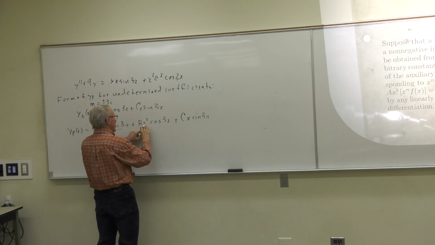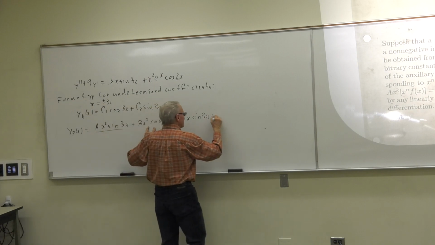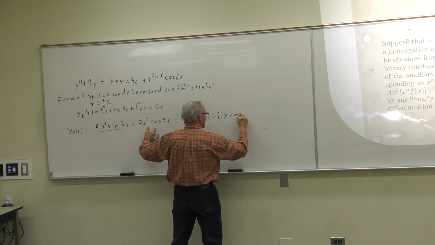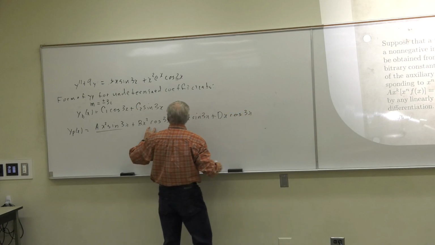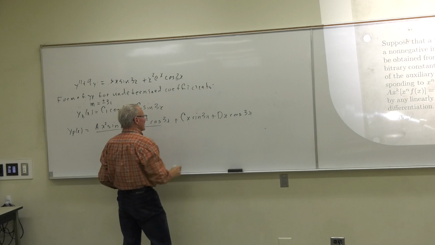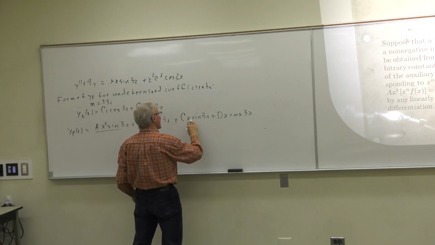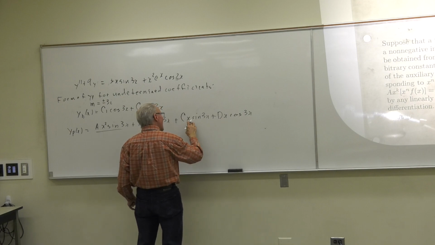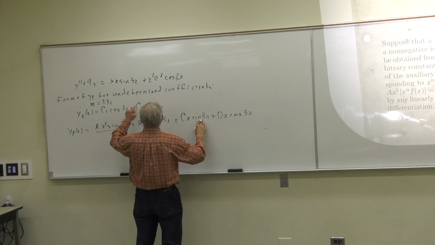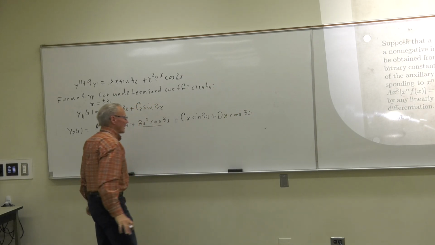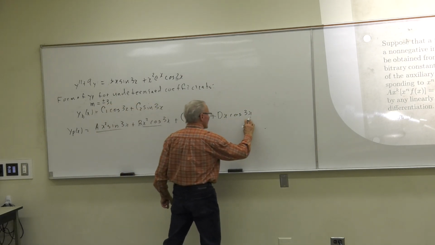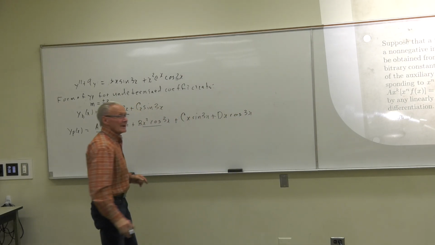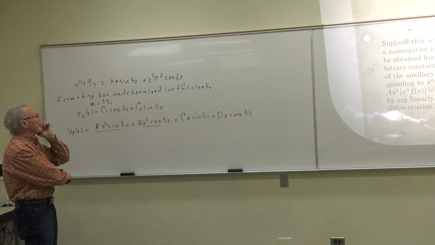But this one times that one, that's x cosines. I need those, they're new. That takes care of that one. Now I differentiate this. I get x cos, that's already there. I get sine, but they're already in my y sub h. I'm done. And this one won't give anything new either, or something in the y sub h. That takes care of that one.